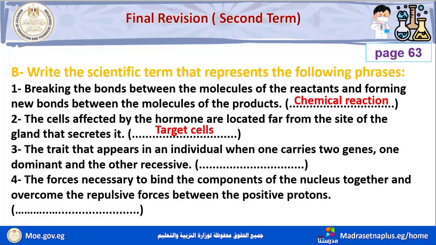Number 3, the trait that appears in an individual when one carries two genes, one dominant and the other recessive. Dominant trait. Number 4, the forces necessary to bind the components of the nucleus together and overcome the repulsive forces between the positive protons. Nuclear binding forces.